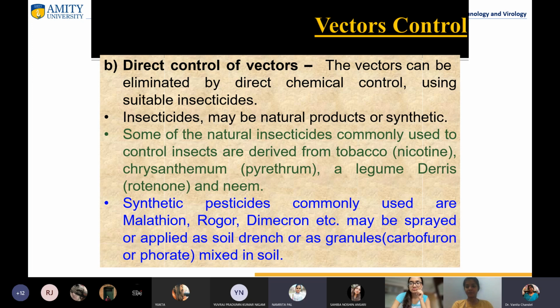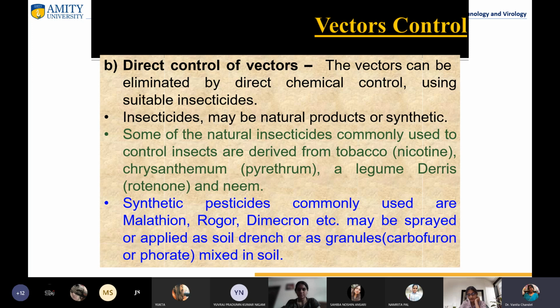Nehal, present, ma'am. Sahiba, present, ma'am. Shivani, present, ma'am. Tanvi, present, ma'am. Tridiv, present, ma'am. Vivek Gupta, present, ma'am. Yuvraj, present, ma'am. There is no one after Yuvraj, right? Yuvraj is the last one, right?